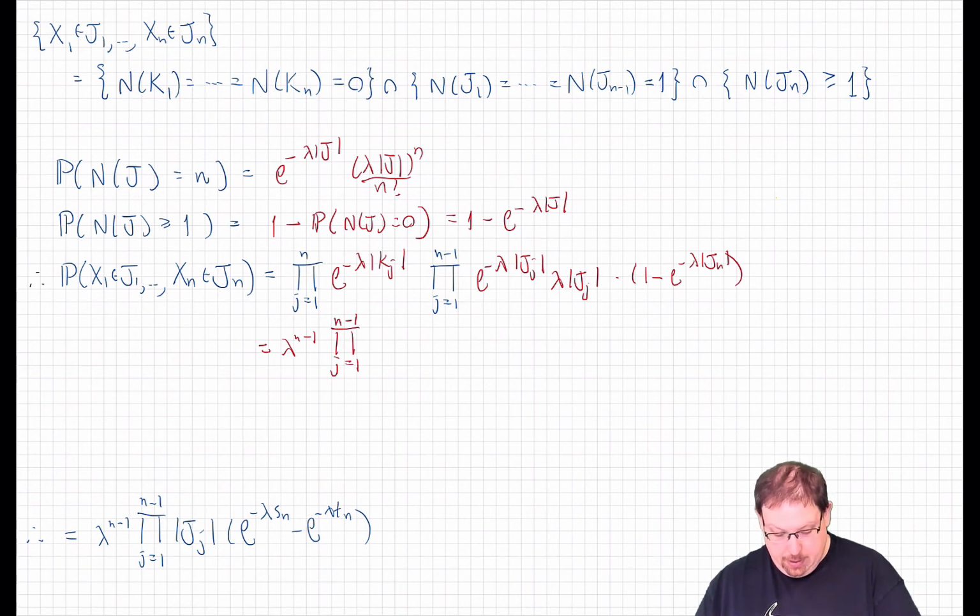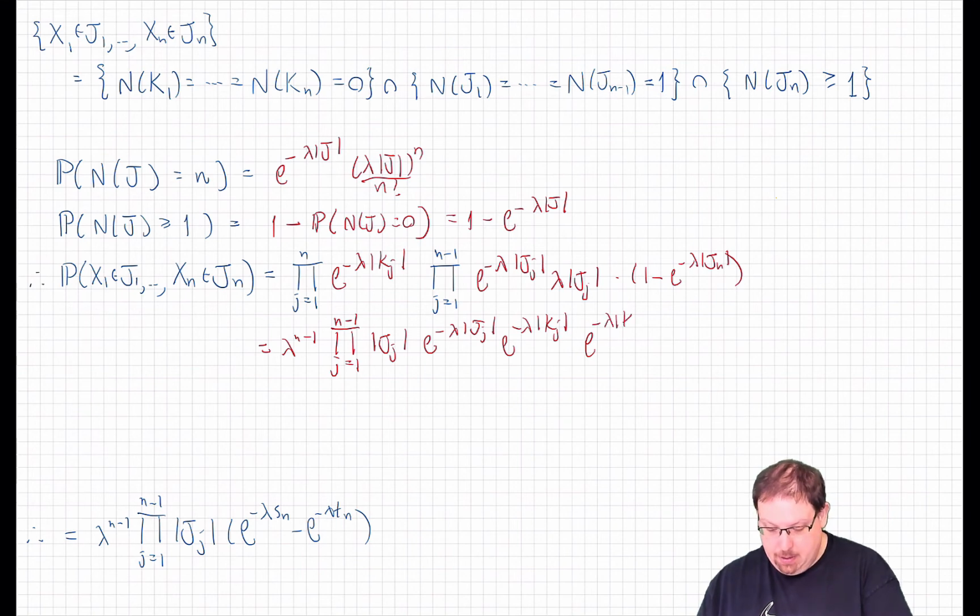So this is the product j going from 1 up to n minus 1 of length of J, e to the minus lambda length of J, e to the minus lambda length of K. And then at the end, we're left over with the j equals n term in the first product. So that's e to the minus lambda length of Kn times 1 minus e to the minus lambda length of Jn.